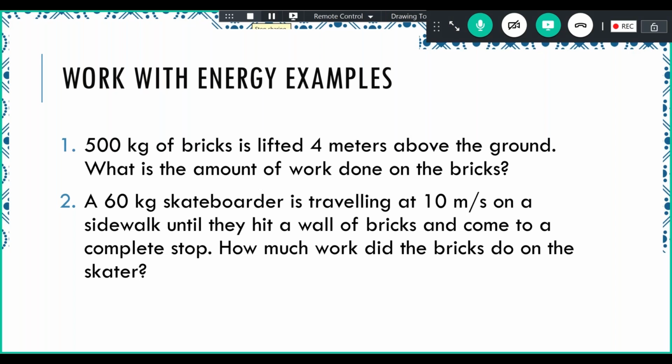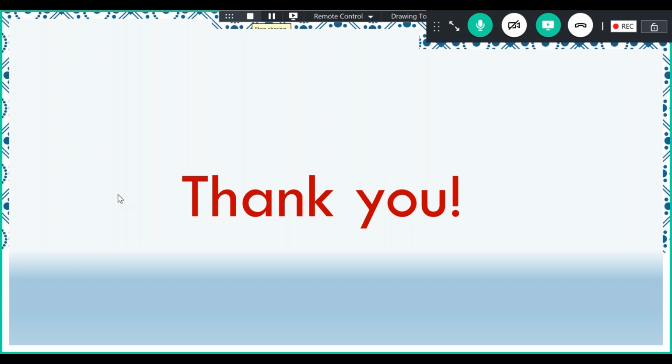So that was my last example with work. So basically what we talked about was what are energy and work, what is kinetic and potential energy, and the law of conservation of energy, which is the first law of thermodynamics, and how you can solve problems using kinetic and potential energy.